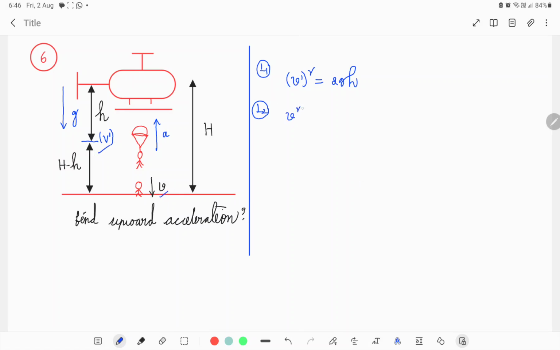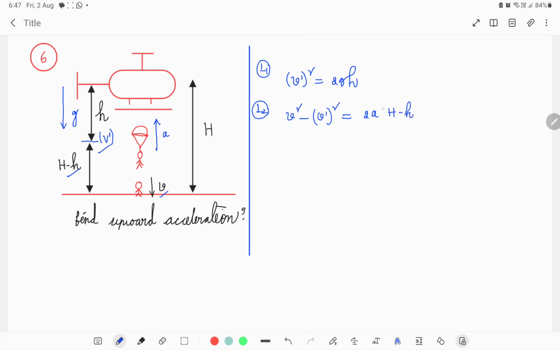Therefore v square minus v dash square is equal to 2 into a into the height, and that height is H minus h.